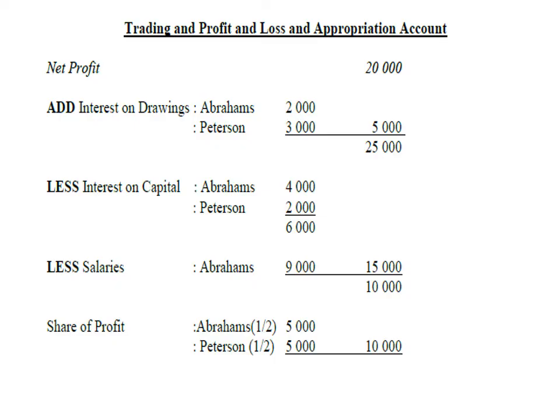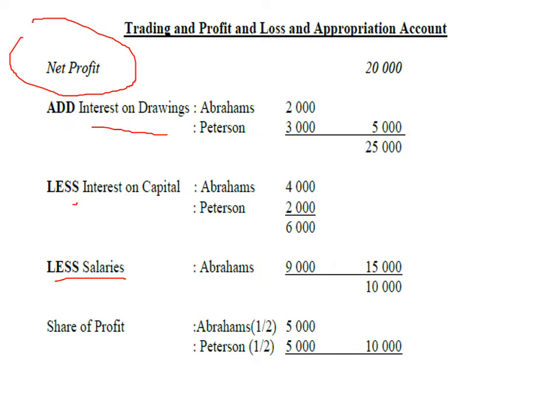This is an example of the profit and loss appropriation account in partnerships. If you look at your slides, you will notice that it starts off with net profits. Then you add any interest on drawings, which is an income to the partnership, and you deduct any interest on capital because you paid your partners interest on their capitals, and you deduct the salaries because you paid the partners salaries.